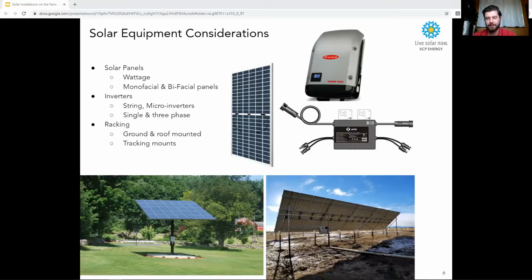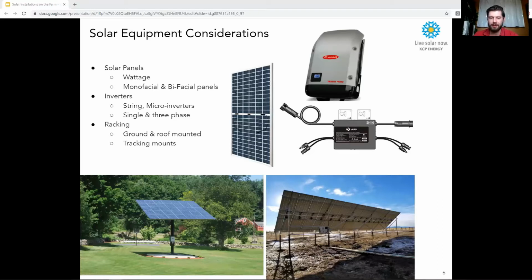If you get into large commercial farming operations, you might have 3-phase power, and there are inverter solutions that can output the required voltage for any specific type of site. The other two main categories of inverters, aside from voltage, are string versus microinverters, and that's what you can see on the top right of the slide.